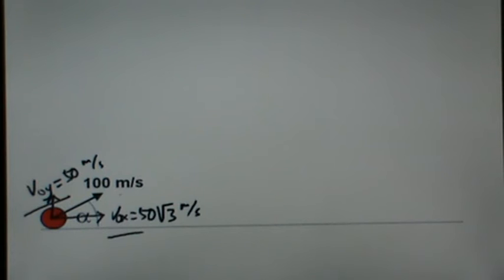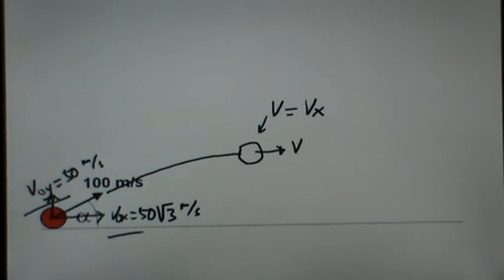Now we know that when the ball moves in the parabolic path at the highest point here, we only have the velocity in the horizontal direction. So here the velocity in the vertical direction is 0.